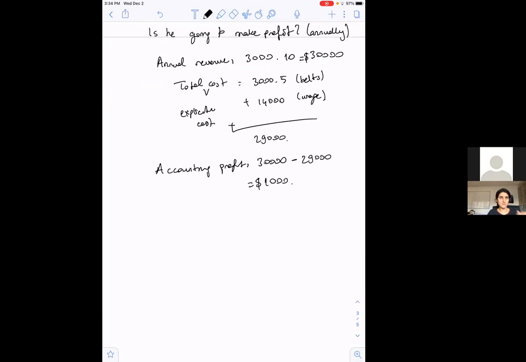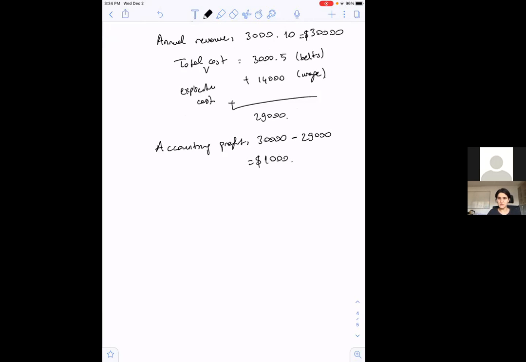How about the economic cost? While calculating the economic cost, you need to consider the initial investment, right? He's buying a minibus. Should the cost of minibus be included in the cost?